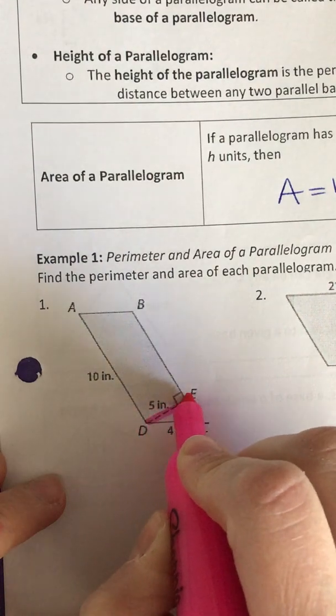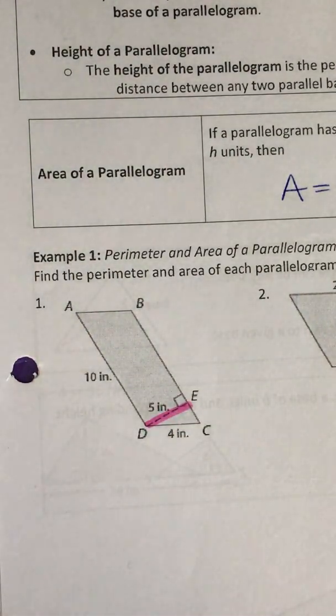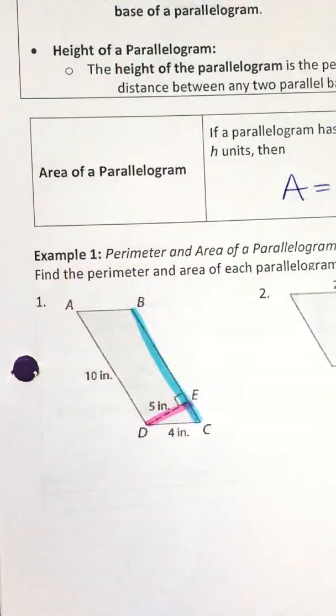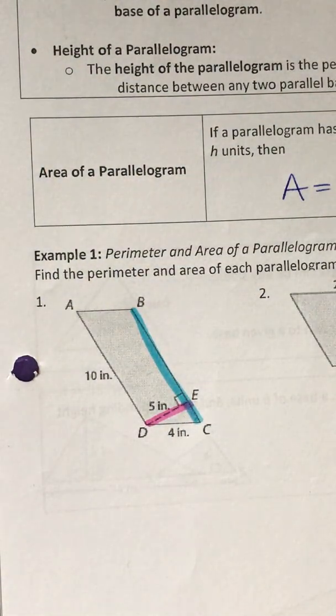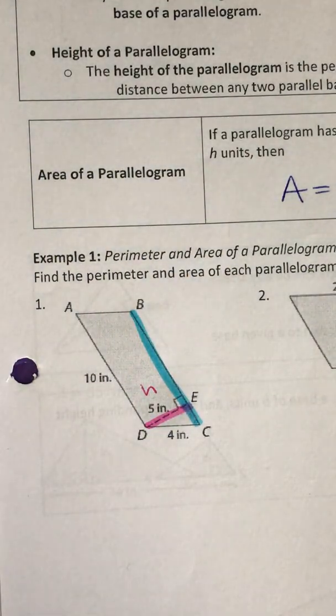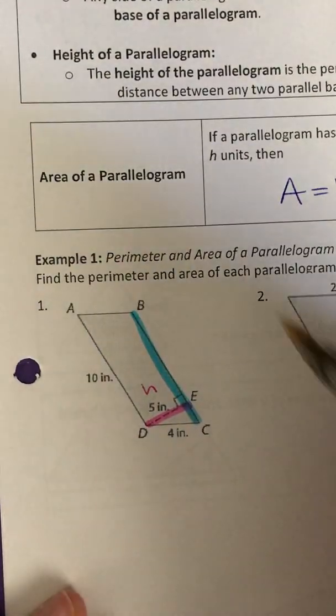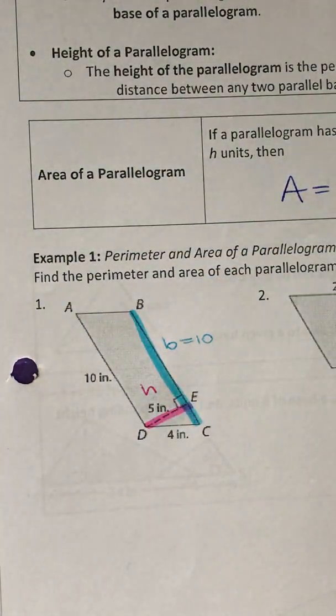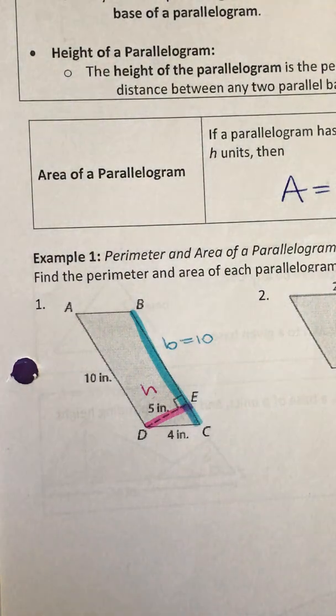That 5 is my height. This here is my base. So 5 is my height. My base is the same as it is on the opposite side. So if this side's 10, my base is also going to be 10. So remember, parallelograms' opposite sides are congruent.